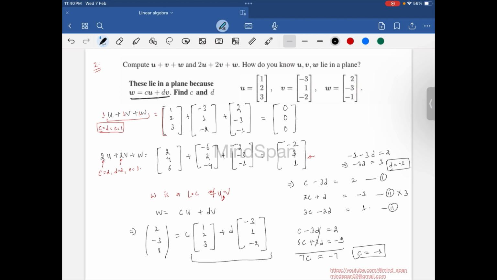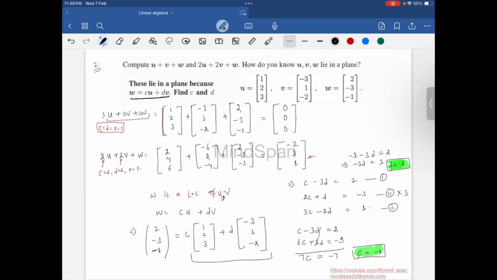So what value of c and d will you have for this vector? So c is equals to minus 1 and d is equals to minus 1. So if we put this c and d into this, we will have w here.